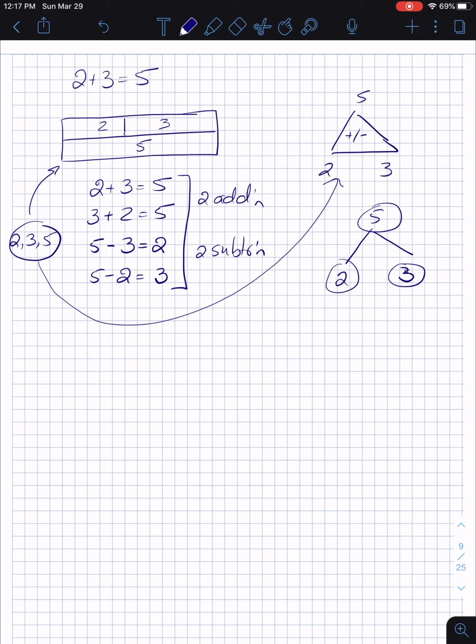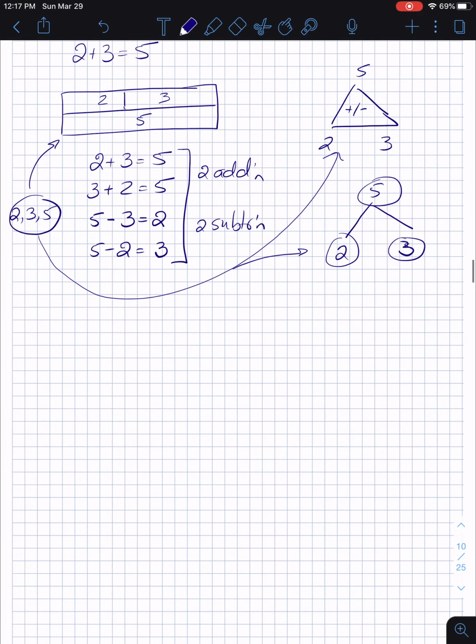This is exactly the same information represented in 4 different kinds of ways, and within the number sentences represented in 4 different equivalent number sentences. Those number sentences are equivalent because they say the same thing about the same 3 numbers in a fact family.